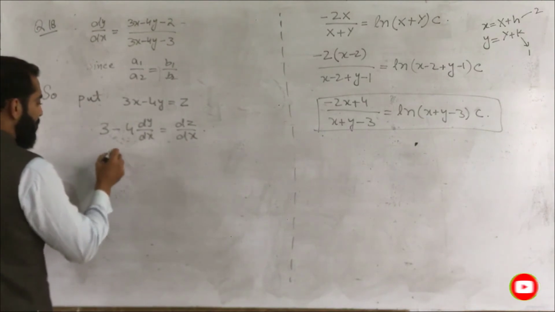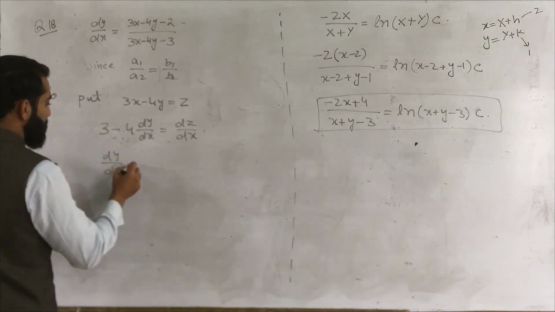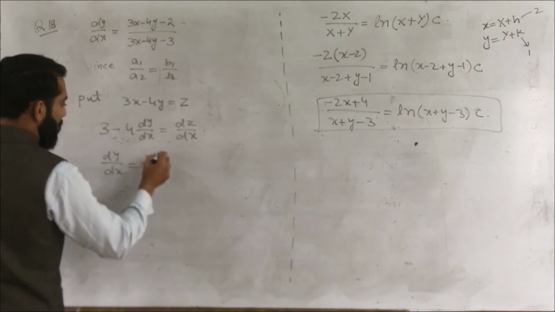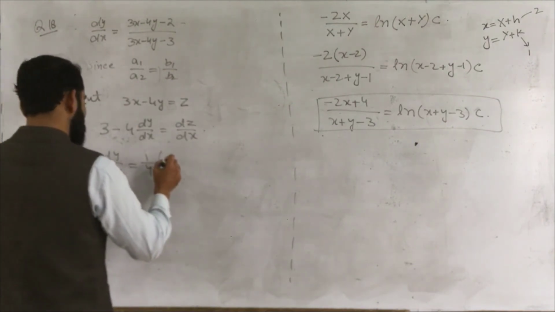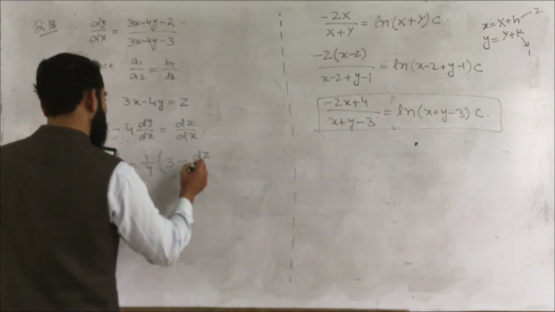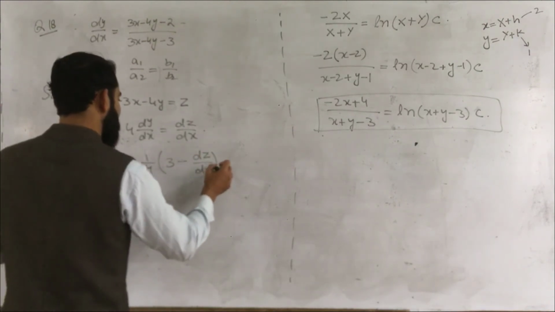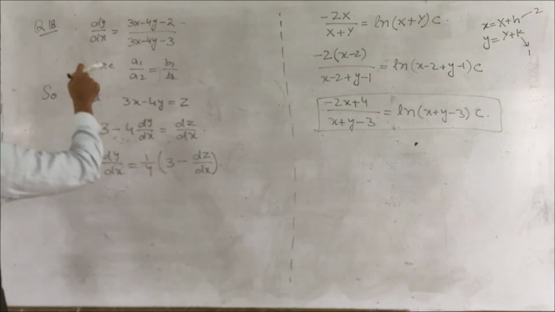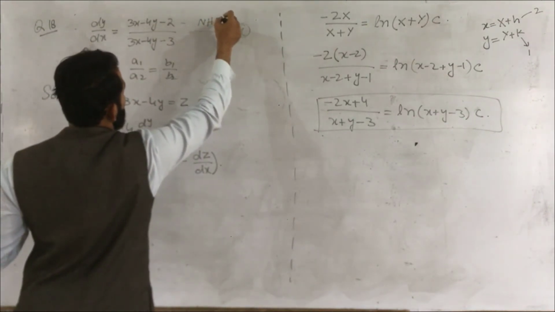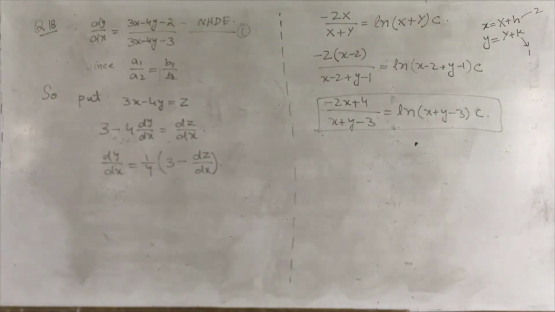The value of dy over dx is equal to 1 over 4 into (3 minus dz over dx). Put these values in equation number 1, which is the non-homogeneous differential equation.